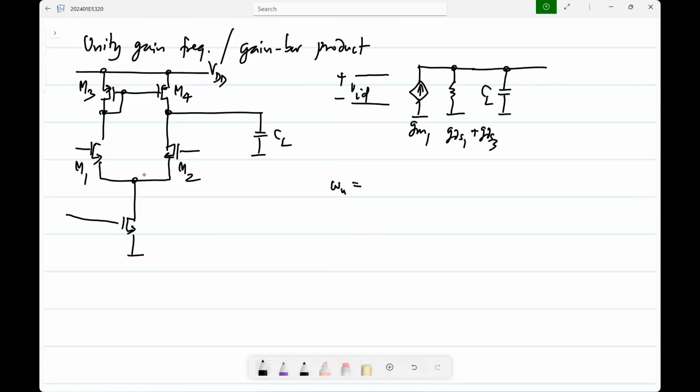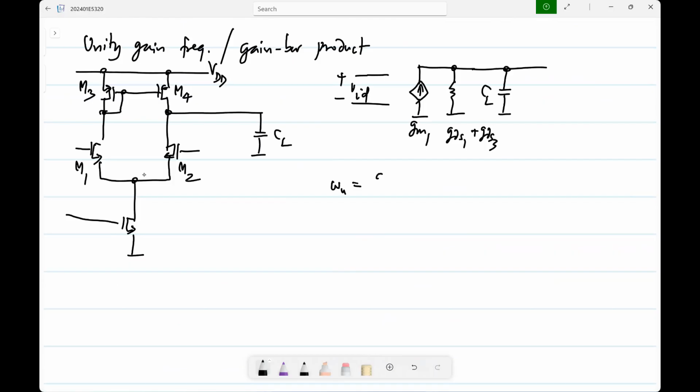We've already calculated this. What is omega u? We've done this before, no? What is the unity gain frequency of this op-amp? GM1 by CL, that's all.